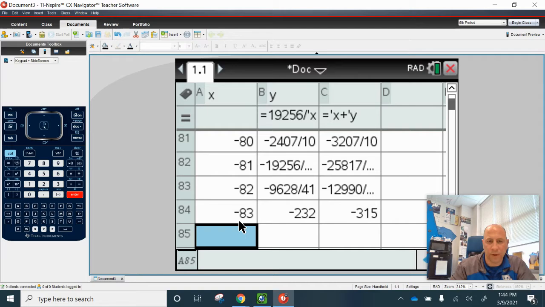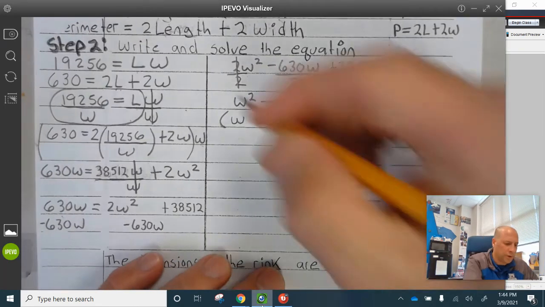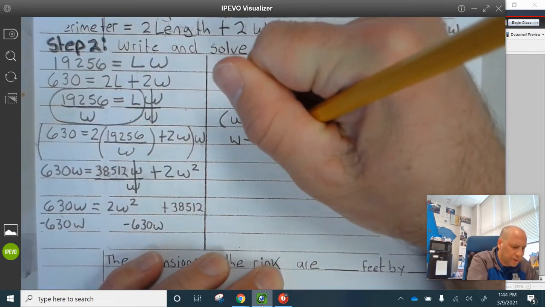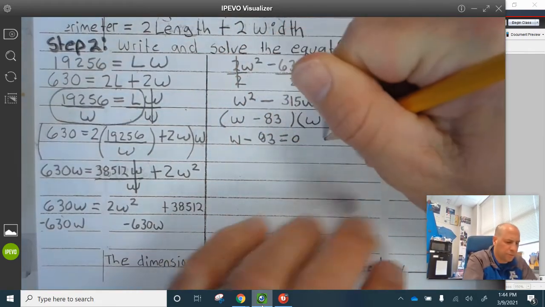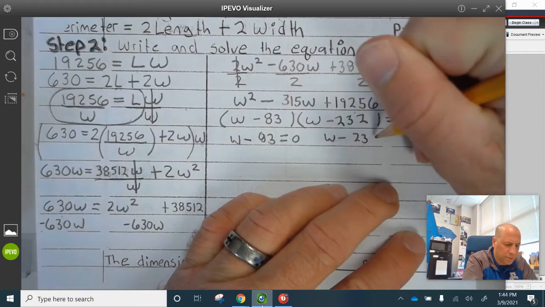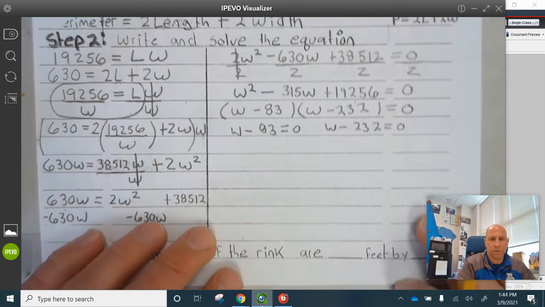Okay, so our factors are W minus 83 and W minus 232. Now we set those equal to 0, so W minus 83 equals 0 and W minus 232 equals 0.